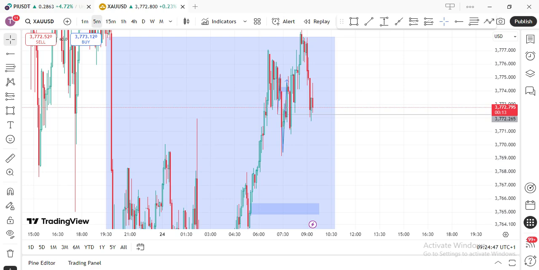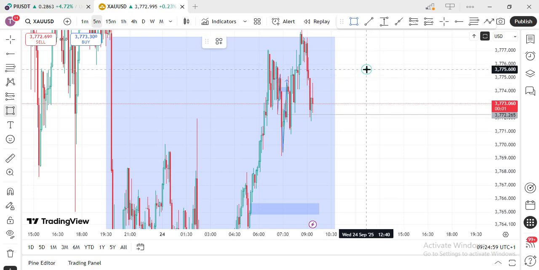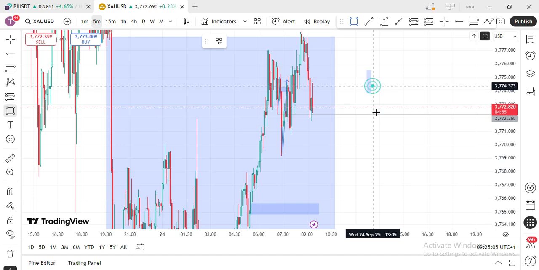Now mind you, there are fair value gaps that have as much as 4 or 5 candles. If that happens, just know that it will form something like this.